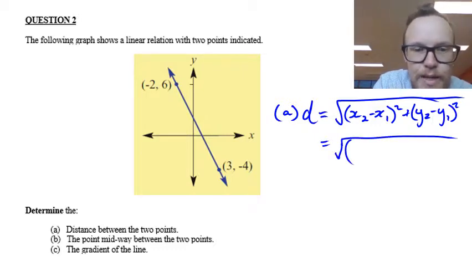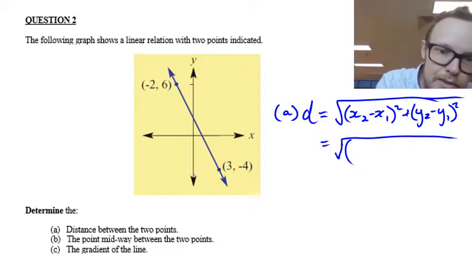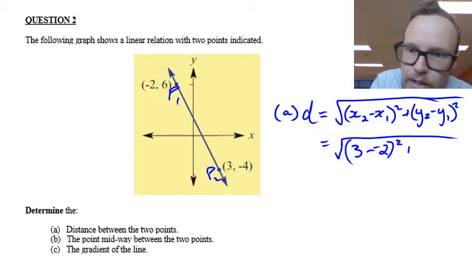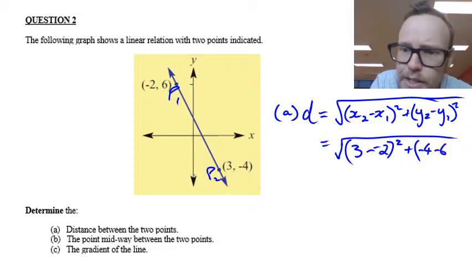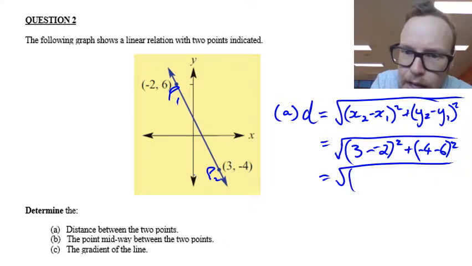So we can take this as point 2, p2, let's give it a better notation, and let's call this point p1. Okay, so point 2, our x value there is 3. Point 1 is negative 2, squared, plus our y values are negative 4 minus 6, squared, and we get the square root of 5 squared plus negative 10 squared.